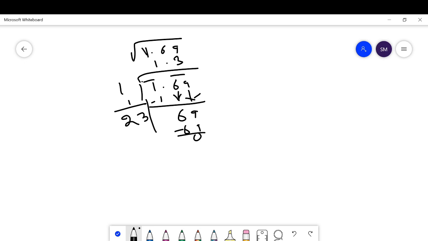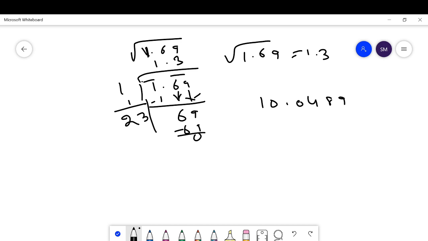Then what is the square root of 1.69? The square root of 1.69 is equal to 1.3. Okay.